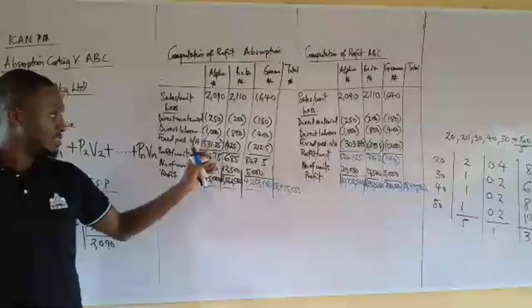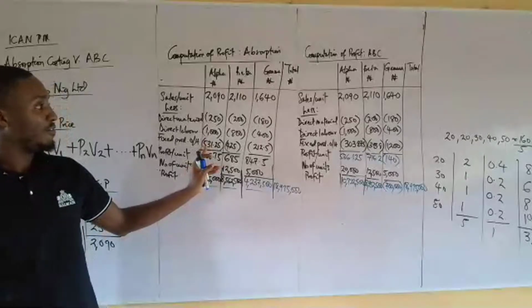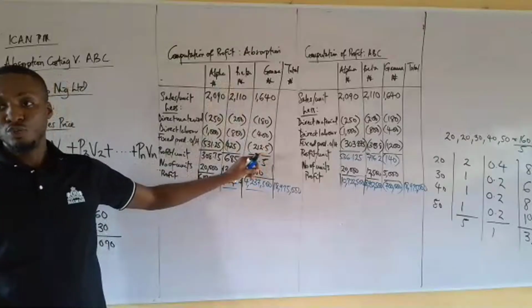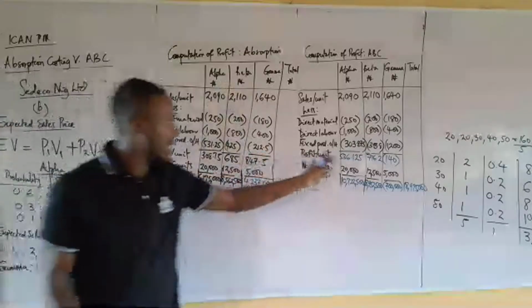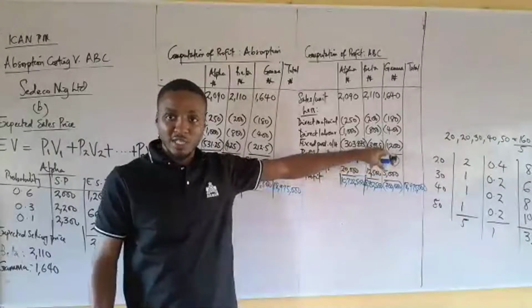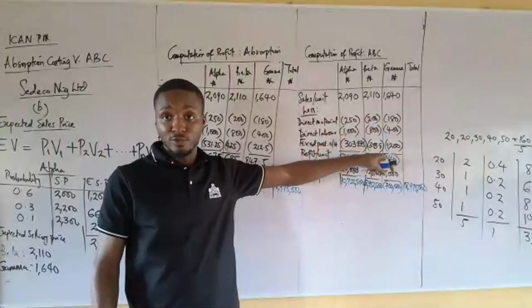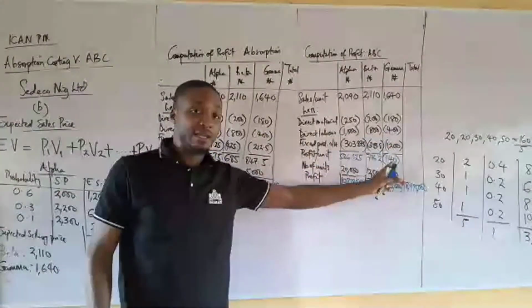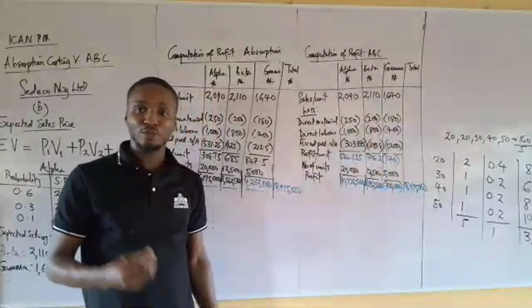In the former, they were splitting more to alpha, 425 to beta, and then 212 to gamma. But when they reorganize this, gamma is actually taking 1,200 of the cost. So this is where attention will now be drawn. The total cost of the company will still remain the same, but now the company knows better which product is using a lot of money.